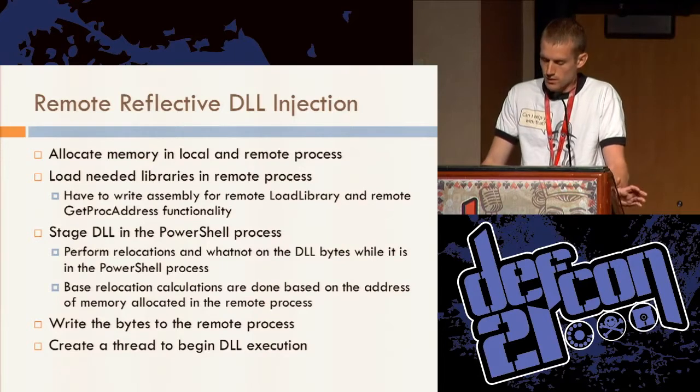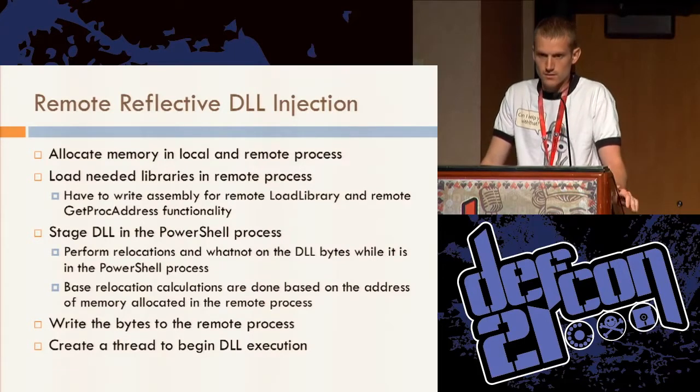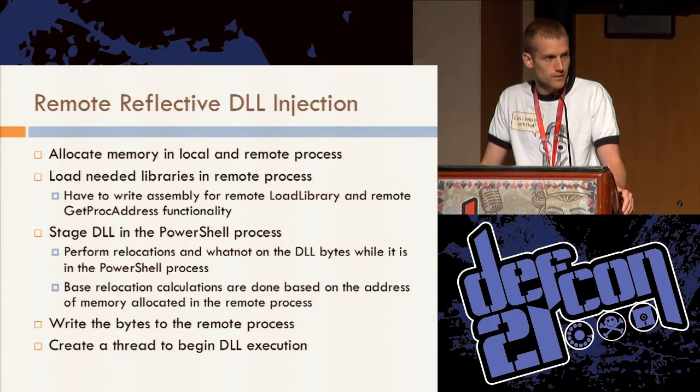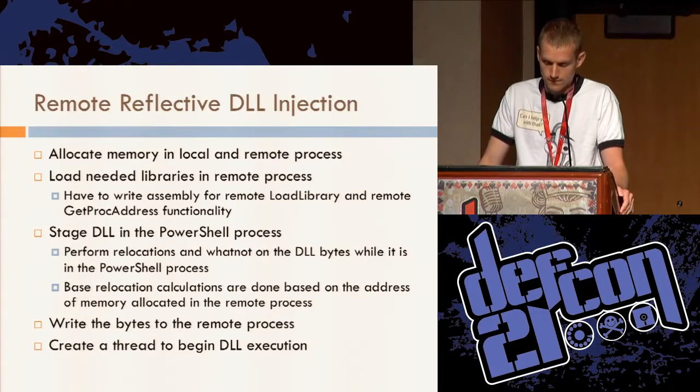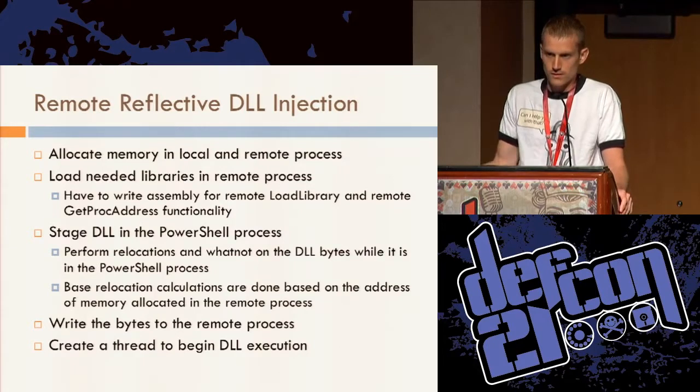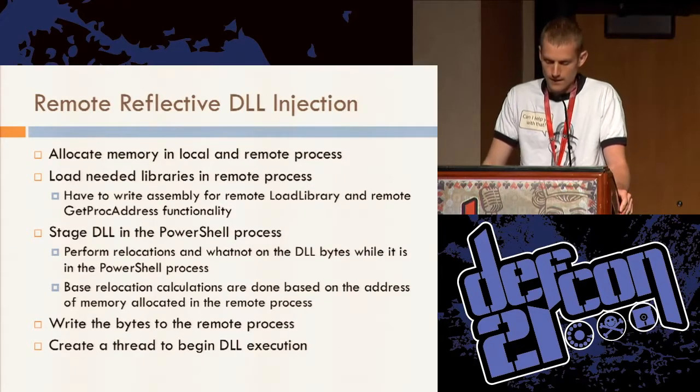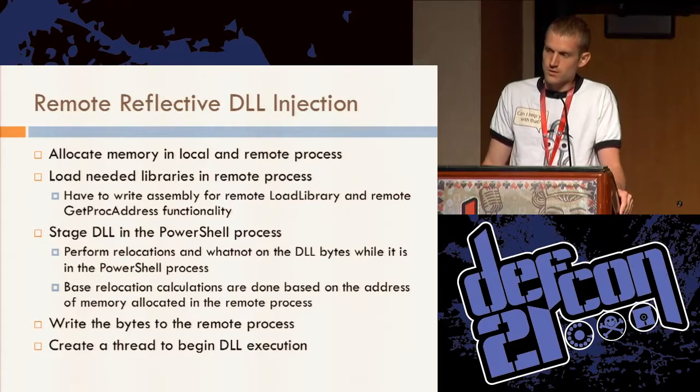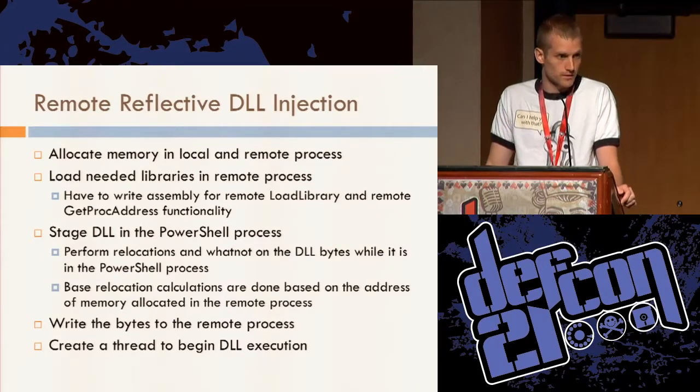So the general process that I used is I allocate memory in both the remote process and the current process. And then I load the DLL into the current process, so into PowerShell.exe. I'm pretty much just using PowerShell.exe to stage this DLL, so I want to get it ready before I write it into the remote process.